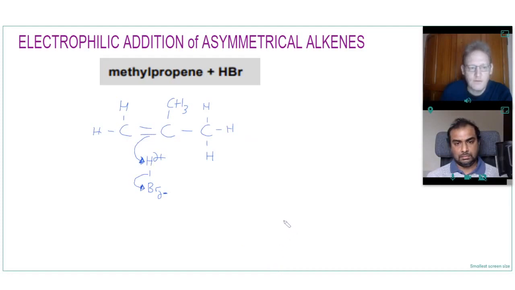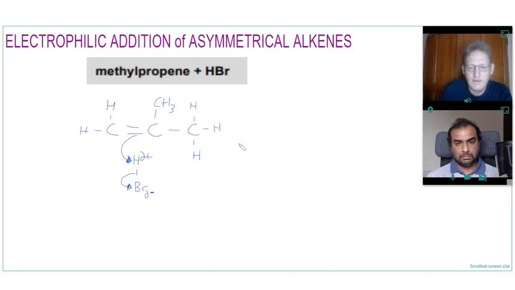And now we have a choice of which carbon the hydrogen adds onto. So what we can do is show what happens if we add on to each carbon in turn. So first we'll add on to the first carbon.